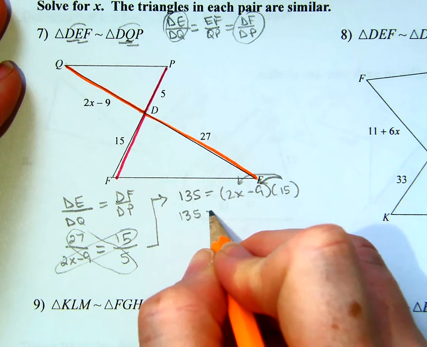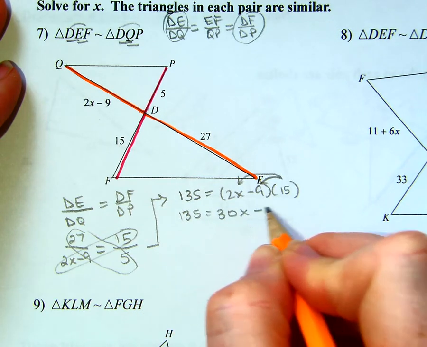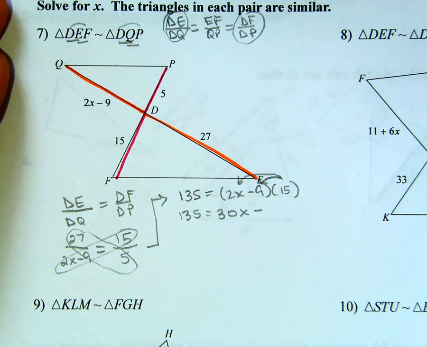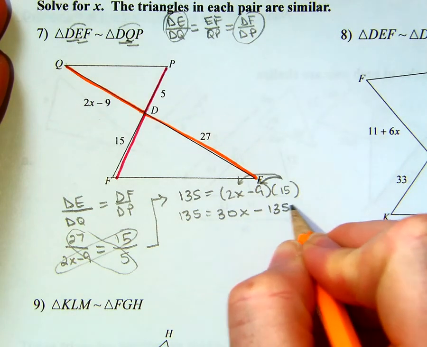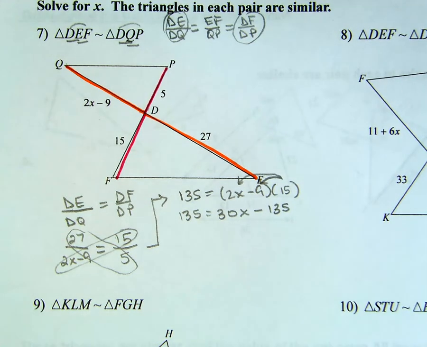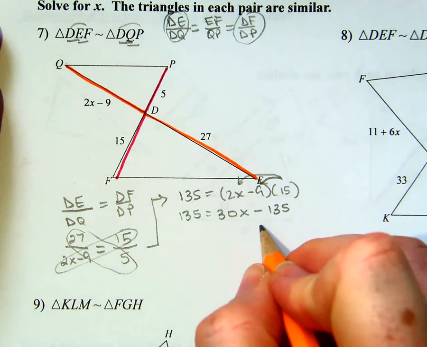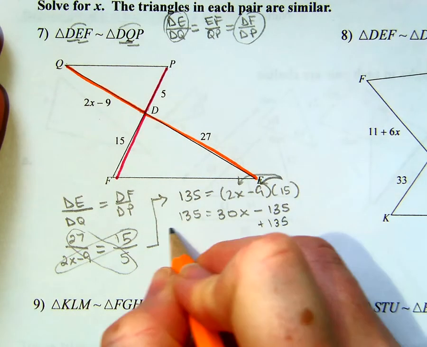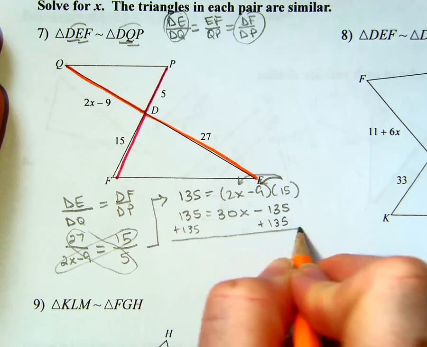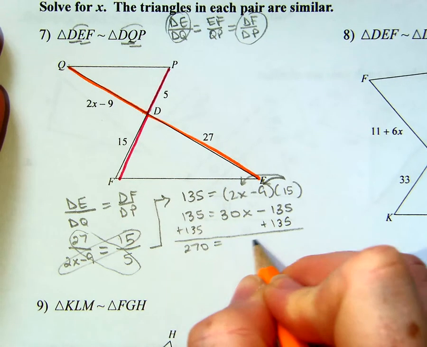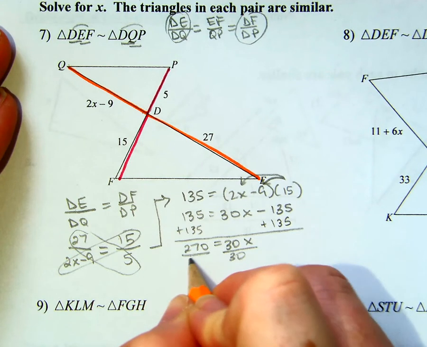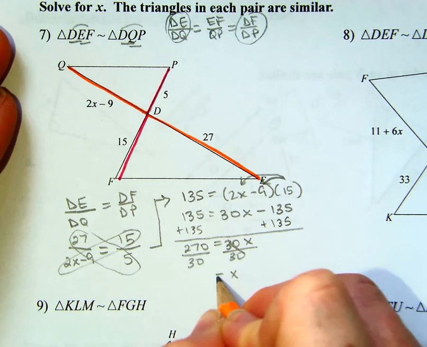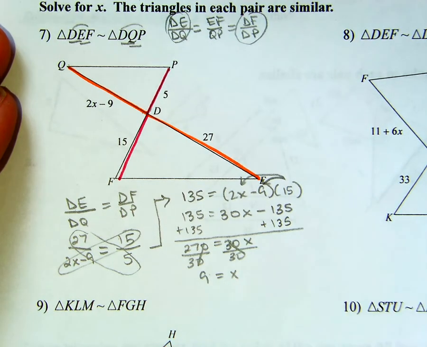We got 135 is equal to 30x minus 15 times 9, which is 135. It's a little disconcerting when that happens. And then I just need to solve. So I'm going to add 135, and that's going to give me 270 is equal to 30x, and divide by 30, and x is going to be equal to 9.